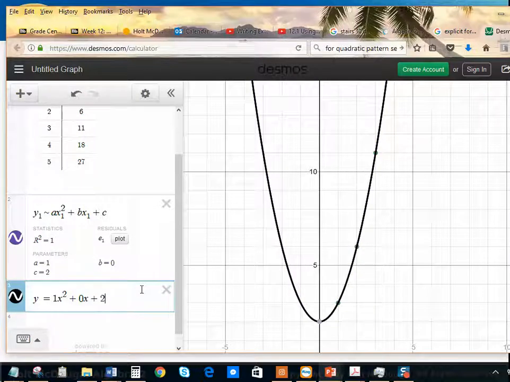That is the equation that fits our sequence. So if we put this back into the sequence notation with a sub n and a sub 1 and such, let's go back here.